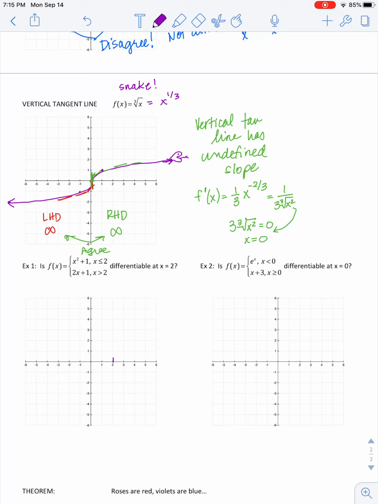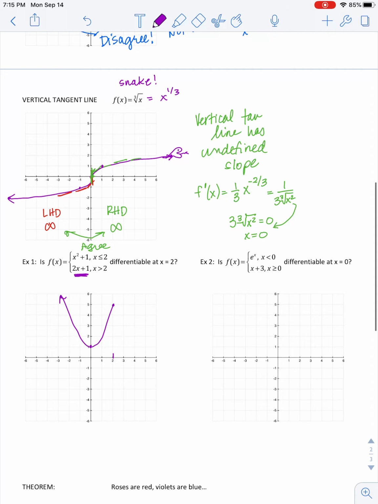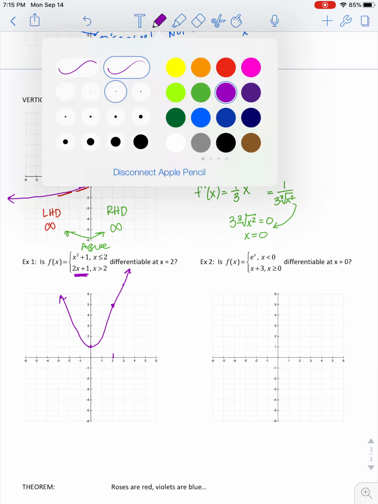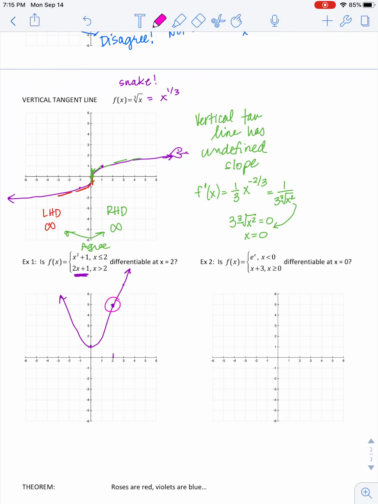If I plug in 2 right away, I get 5. And then I know the rest of my parabola, right, kind of looks like this. And then the 2x plus 1 part, if I plug in 2, I also get 5, right? So my slope there, though, would be 2 up and over. So the question is, what is happening right here?